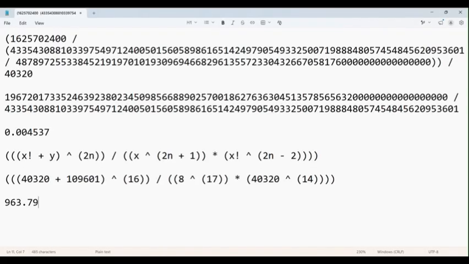I give up because I was thinking of using Python, and I was talking to Copilot to see if the expression could be simplified, and I got this. But when I plugged the numbers in, I got around 963.79. So that was a fail at Tau Day with exact fractions.